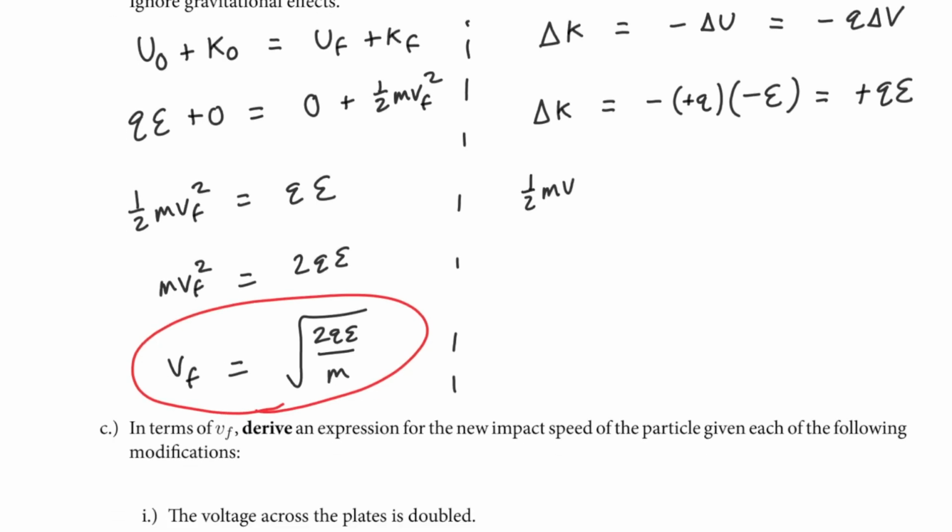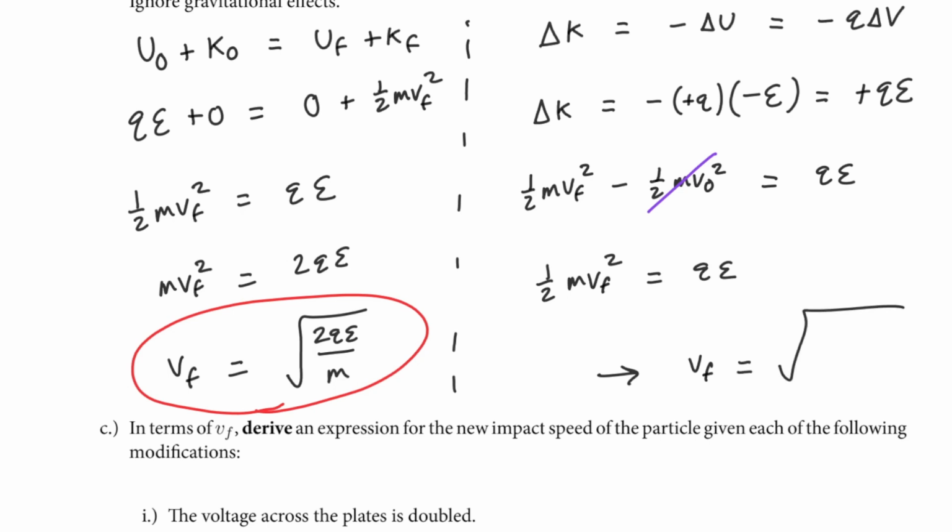So now we can just set our delta K, 1/2 mvf squared minus 1/2 mv0 squared, equal to Q times epsilon. We see that this term is 0 because we didn't have initial velocity. So we get the same equation as before. This 1/2 mvf squared equals Q times epsilon, which means Vf is equal to the same 2q epsilon over m, as expected.